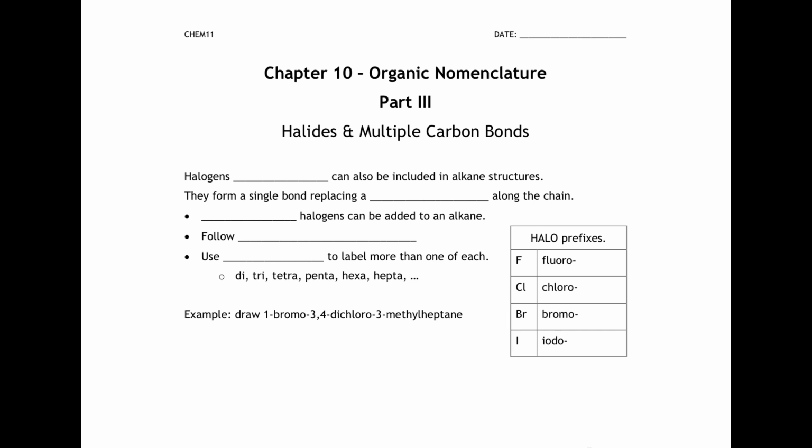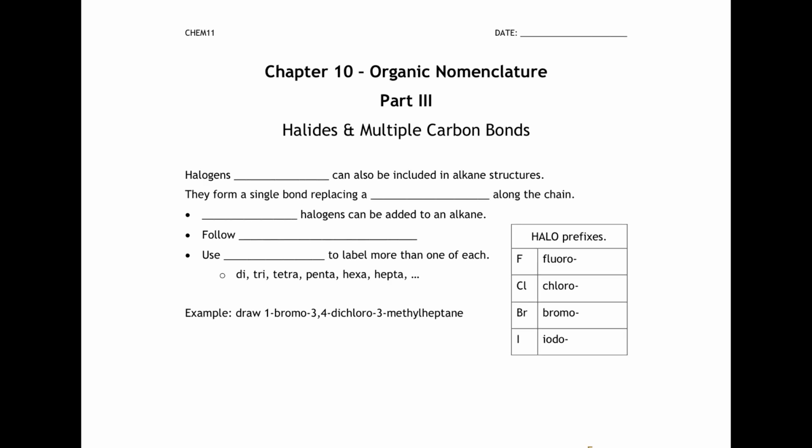So we're going to introduce what a halide is, and it's basically a halogen. You remember the halogens from, I don't know, grade 9, you learned about all the different groups in the periodic table. Halogens are all in group 17. And they all can be included into alkane structures.